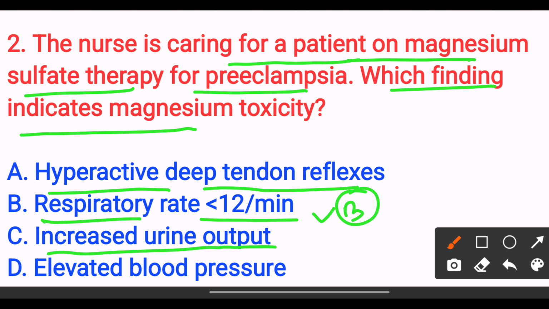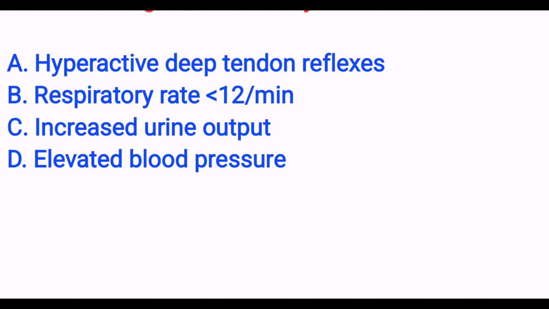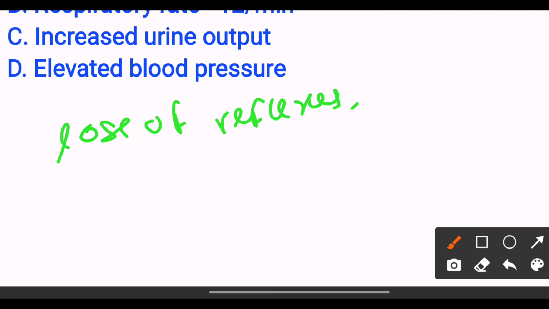Magnesium sulfate, MgSO4, depresses the CNS, and respiratory depression occurs, along with loss of reflexes and oliguria.